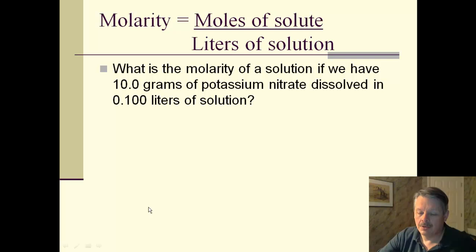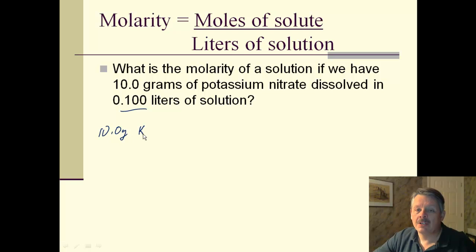All right, try another one. Go ahead and pause the video. Try that on your own. All right, well, my liters are already 0.1, so I don't have to worry about that. That's easy. The units are right. But I have to take 10.0 grams of potassium nitrate, that's KNO3, and I have to divide that by the mass of KNO3.